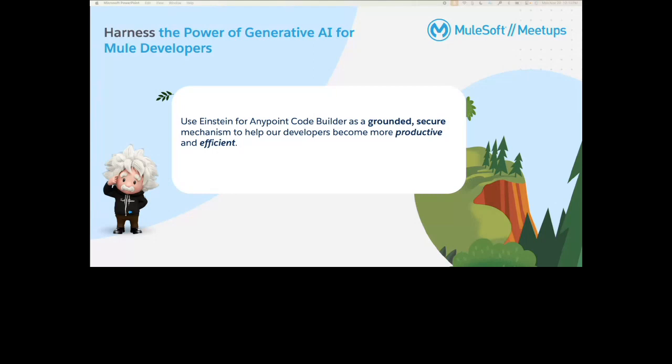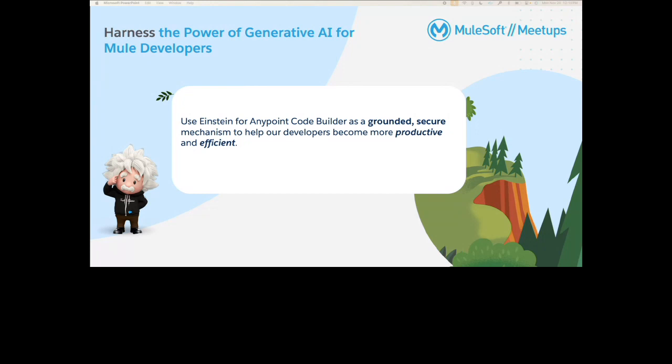So for us, it was critical that we build an experience that our customers trust, right? Through Einstein, we are able to harness the power of generative AI specifically for Mule developers and use it as a grounded, secure mechanism to help our developers become more productive and efficient.